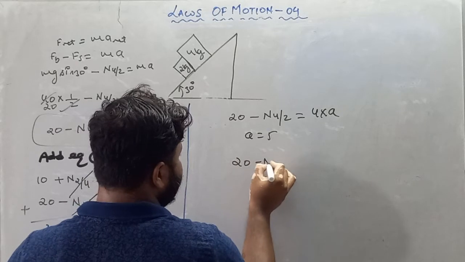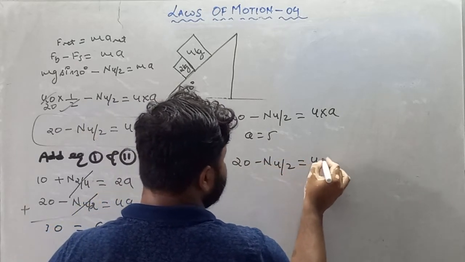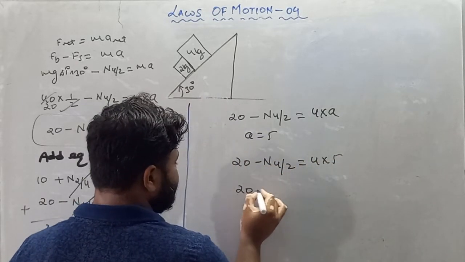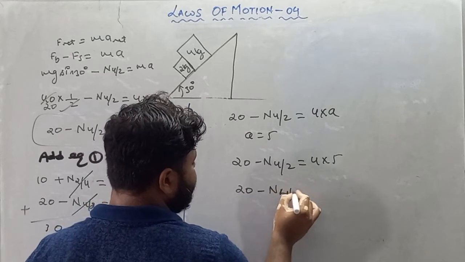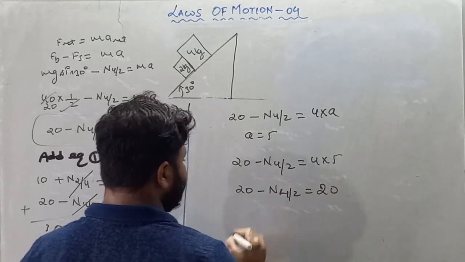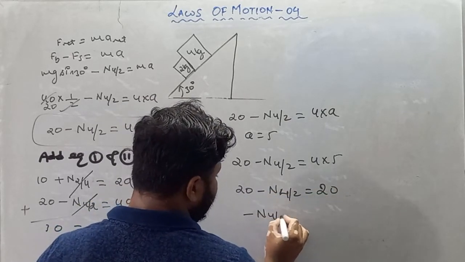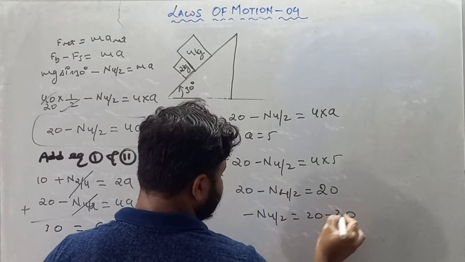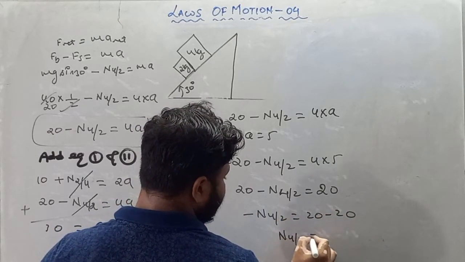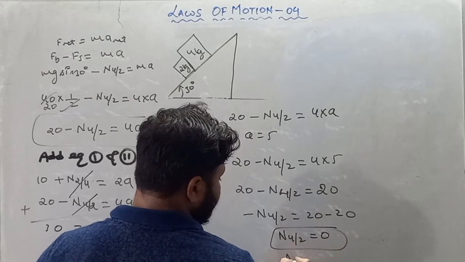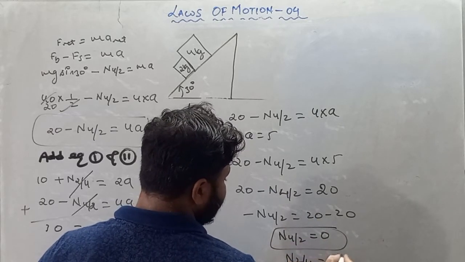So 20 minus normal on 4 due to 2 is equal to 4 into 5, which is 20. So minus normal on 4 due to 2 is equal to 20 minus 20. So normal on 4 due to 2 is equal to 0. Normal on 2 due to 4 is also equal to 0.